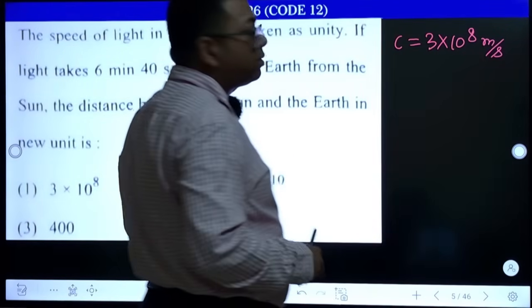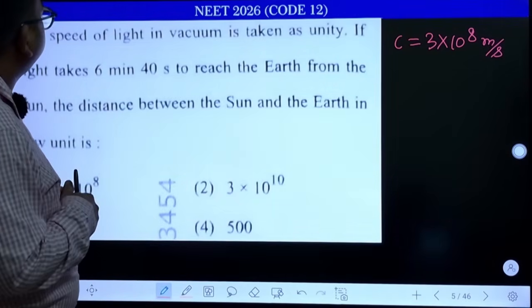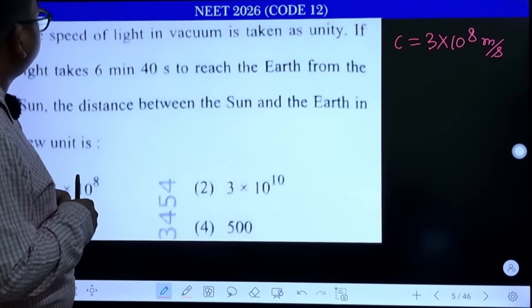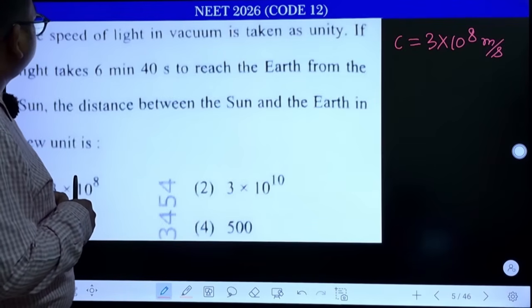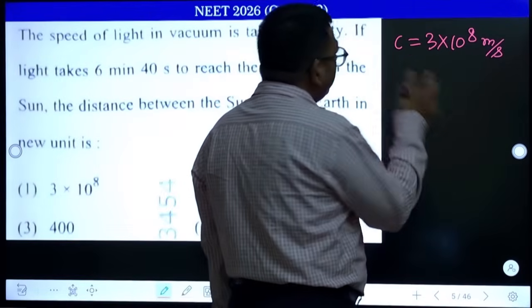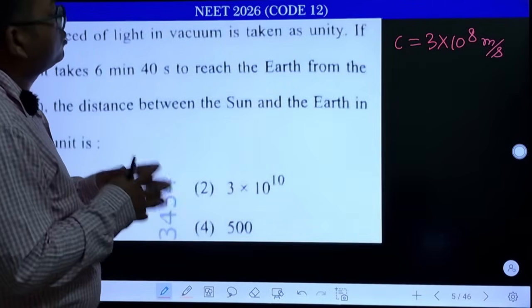This is C. It is taken as unity. Now if light takes 6 minutes 40 seconds to reach the earth from the sun, the distance between the sun and the earth, that means this is considered as 1 unit of speed.